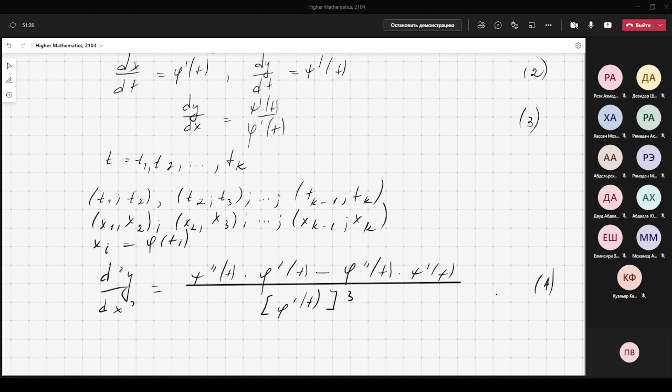From this formula, determine the direction of convexity of the curve at each point.